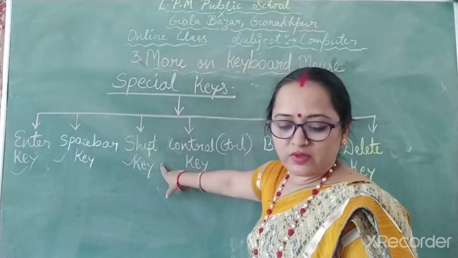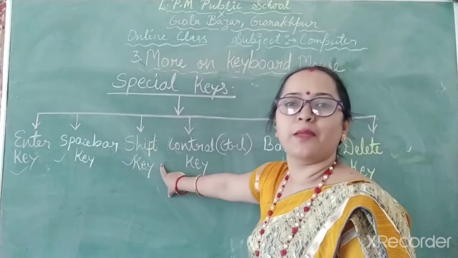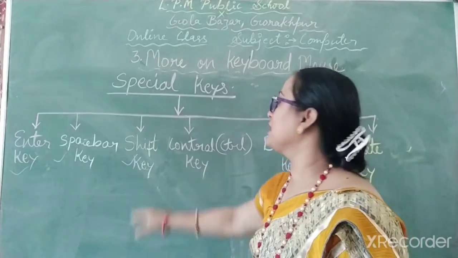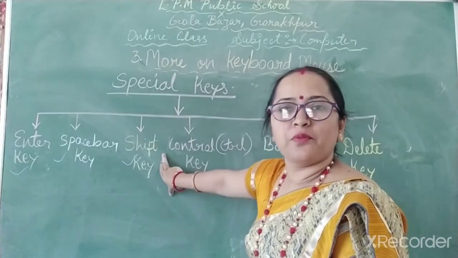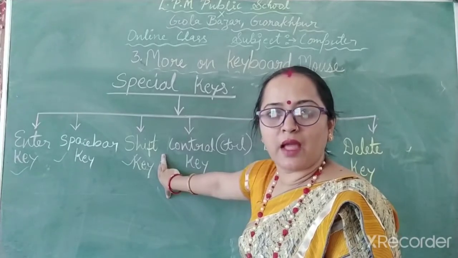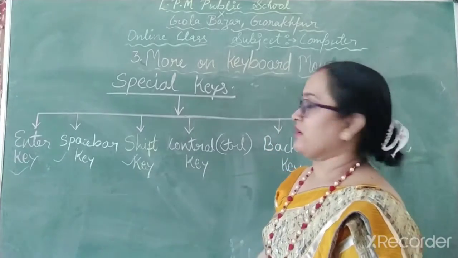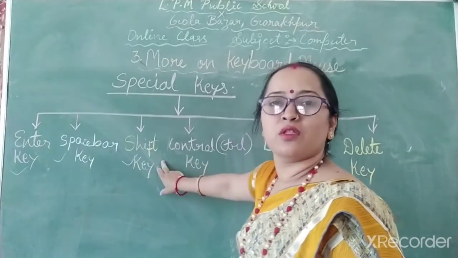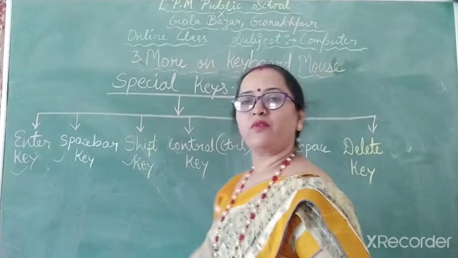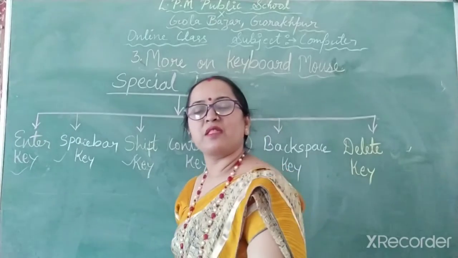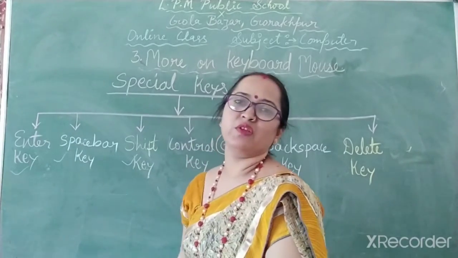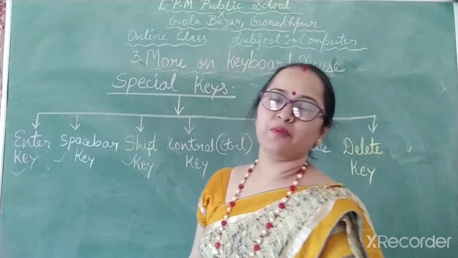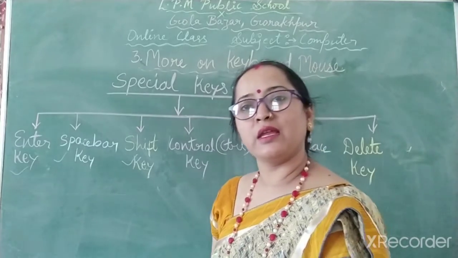We can use the shift key for typing alphabets in capital. If the caps lock key is off, then with the help of the shift key and by pressing another alphabet letter which we want, we can type it as a capital letter.